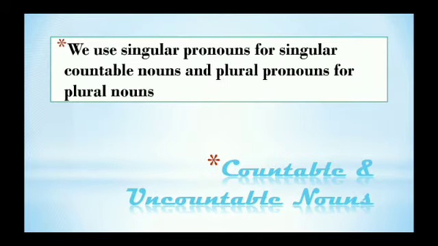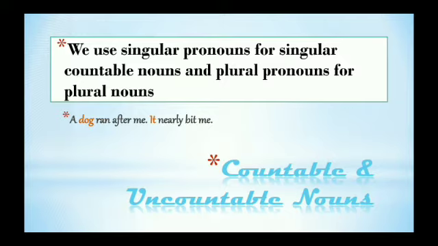Another important thing is we use singular pronouns for singular countable nouns and plural pronouns for plural countable nouns. A dog ran after me. It nearly bit me. Now look at the sentence once again. What is the noun here?